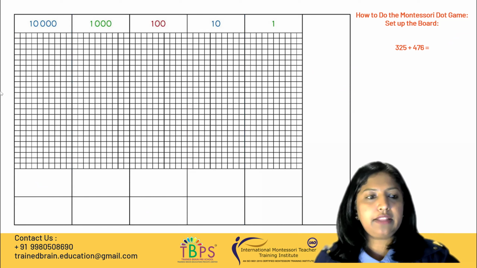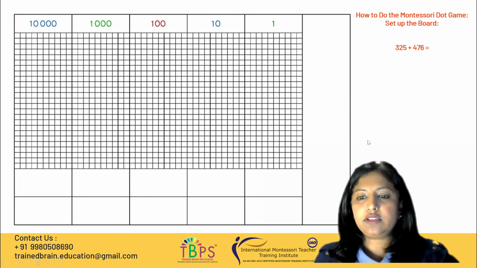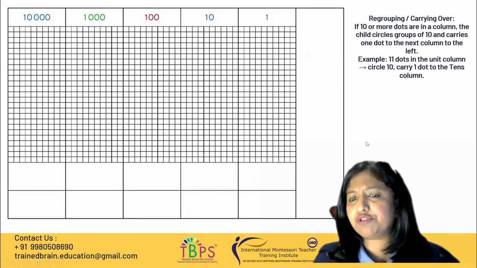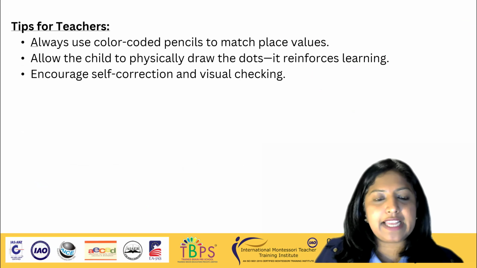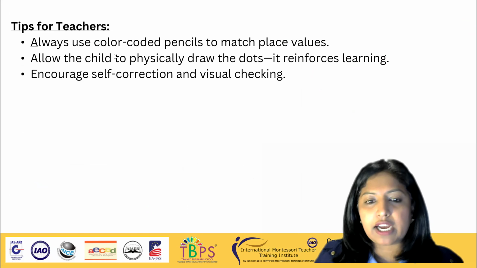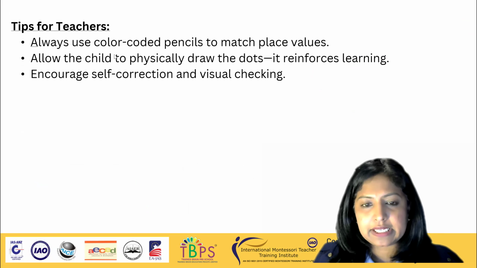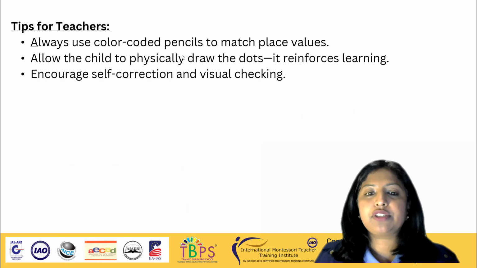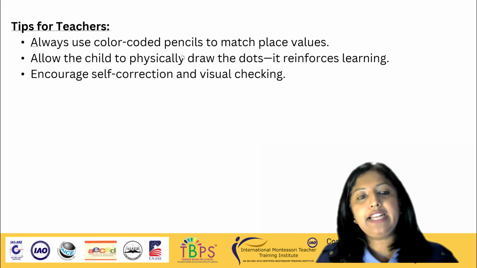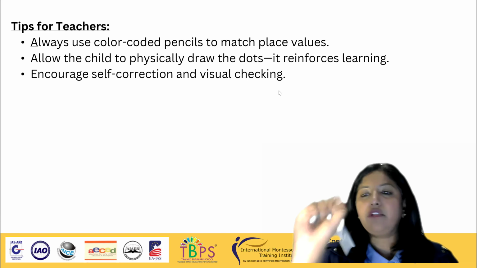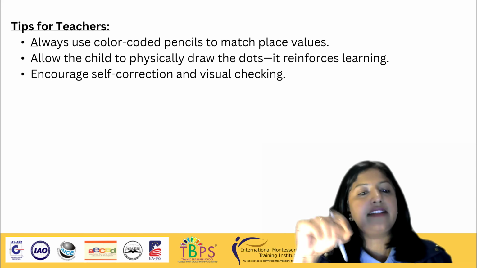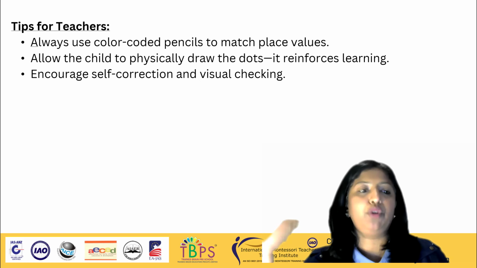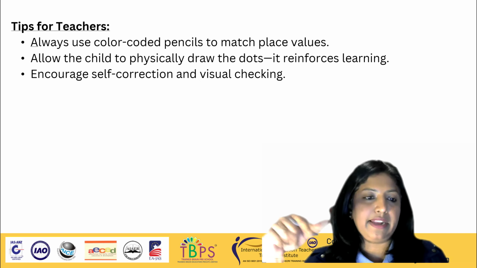So the tips for the teachers, what we always encourage is you should always use color coded pencils. Try to use 3 color pencils, especially when there is a carry forward. Allow the child to physically draw the dots, so it reinforces the learning. Encourage self-correction, visual checking, let them do it and let them come to you a little later.